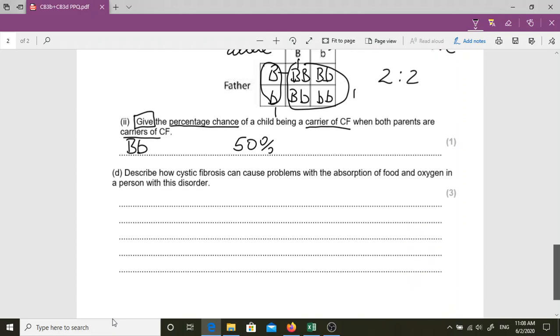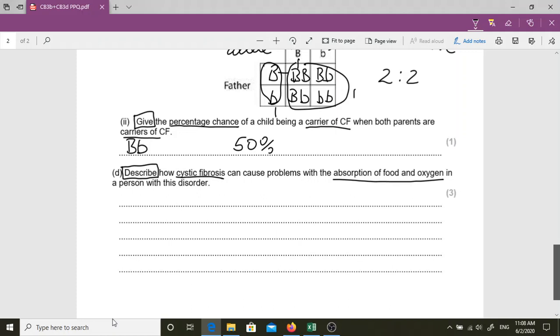The last question: describe is our command word. Describe how cystic fibrosis can cause problems with the absorption of food and oxygen in a person with this disorder. So we have to describe how this causes problems when taking up oxygen and food.